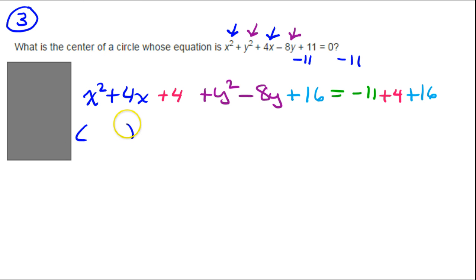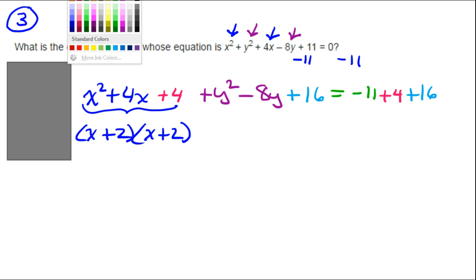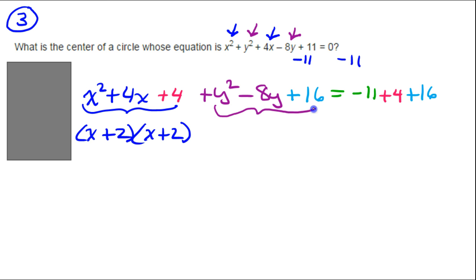So when I factor this, it's going to factor as the same thing twice. So that's going to be x plus 2 times x plus 2. When I factor the y's, that's going to factor as the same thing twice. Y minus 4 times y minus 4.